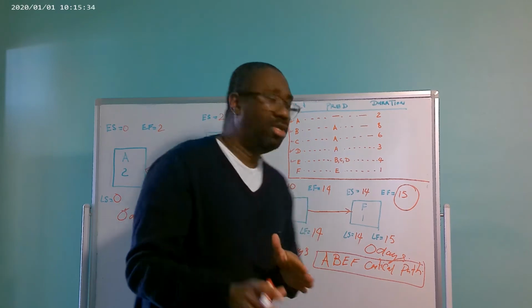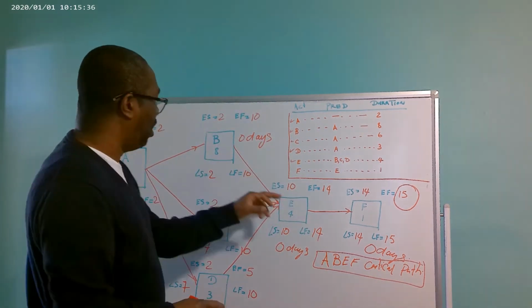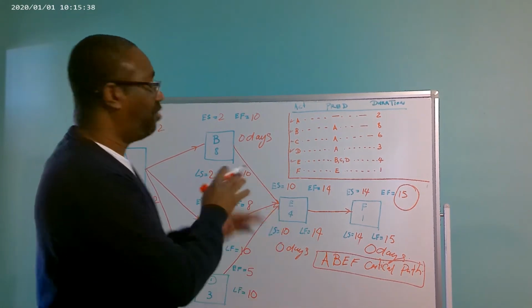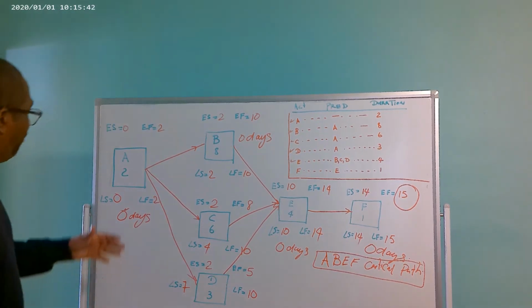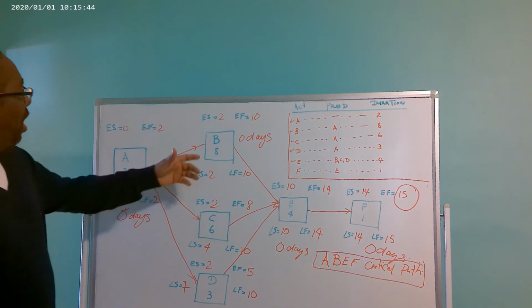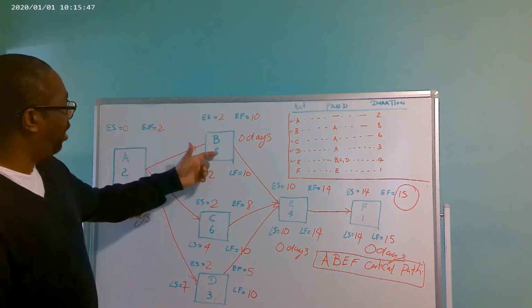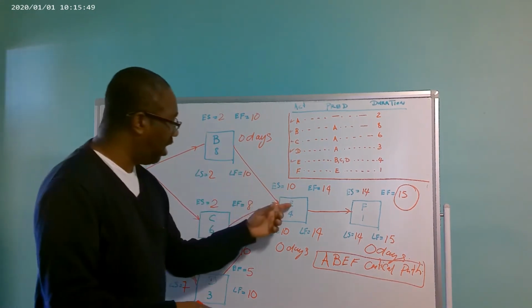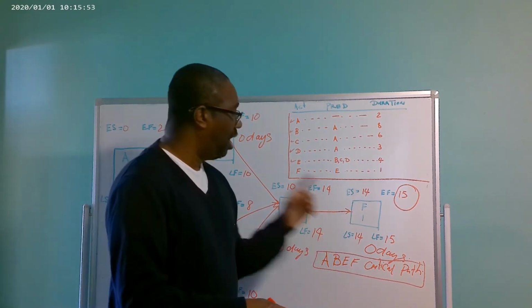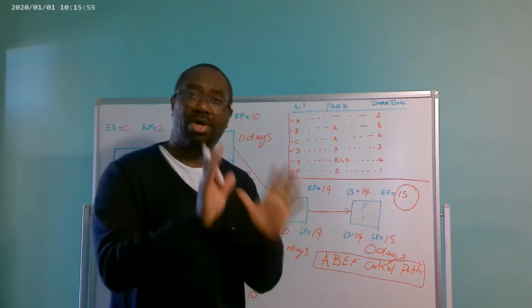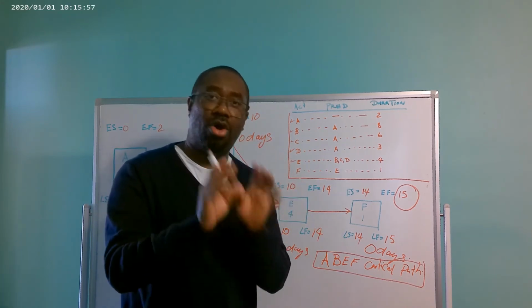So activity A, B, E, and F has 0-day float. Activity A has to finish within 2 days. Activity B has to finish within 8 days. Activity E has to finish within 4 days. And activity F has to finish in 1 day for your project to finish on schedule or on time.